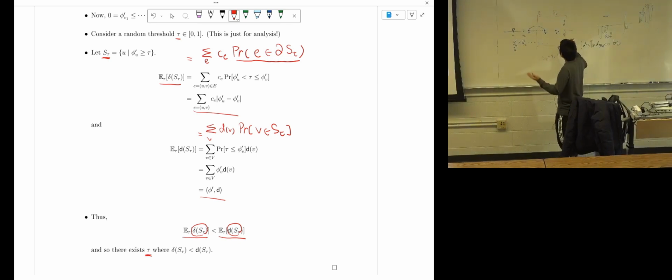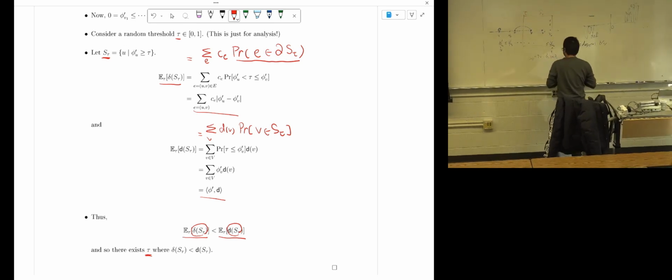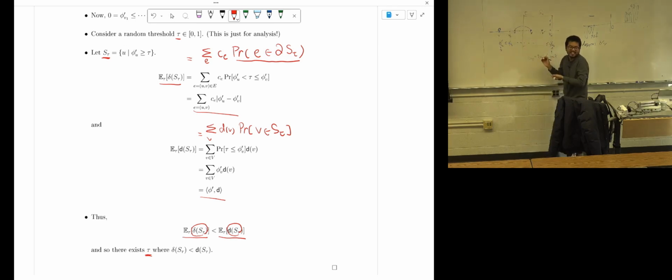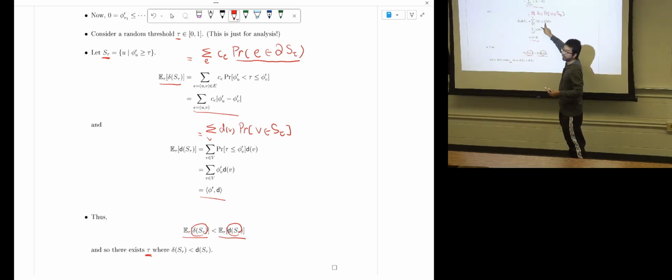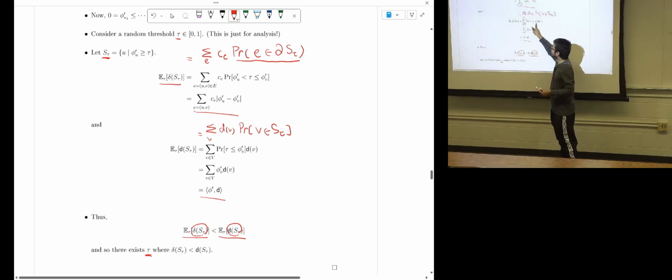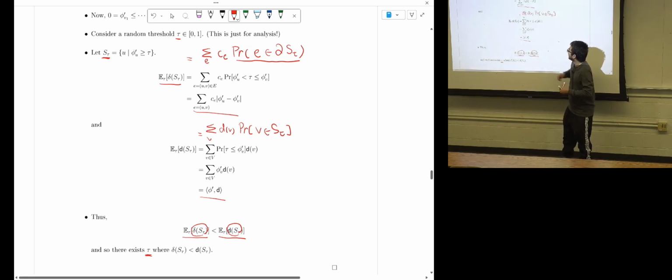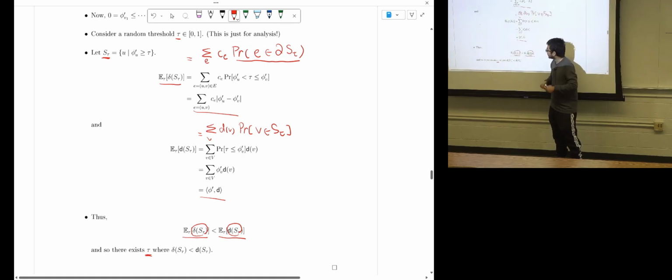Well, this happens when tau is less than the position of V. So this is just the probability that tau is less than the position of V, and that's really just the position of V. And this is just the inner product between phi prime and D. Okay.